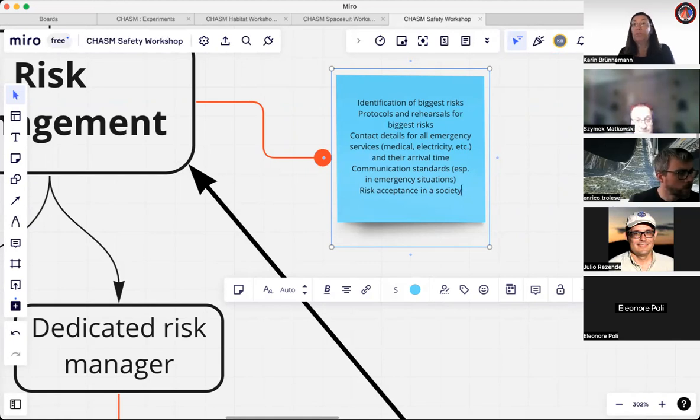Nobody would say, let's stop, because tens of thousands of people are killed every year in road accidents. Do we stop driving? No, we don't, because that is a risk that is acceptable. If the same number of people would die in fires, that would be totally unacceptable in the same society.